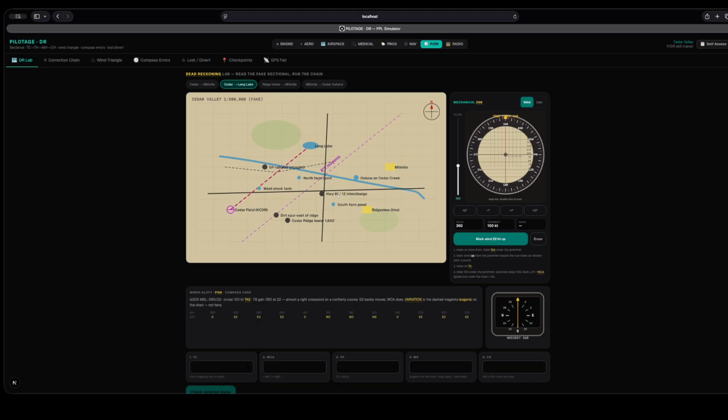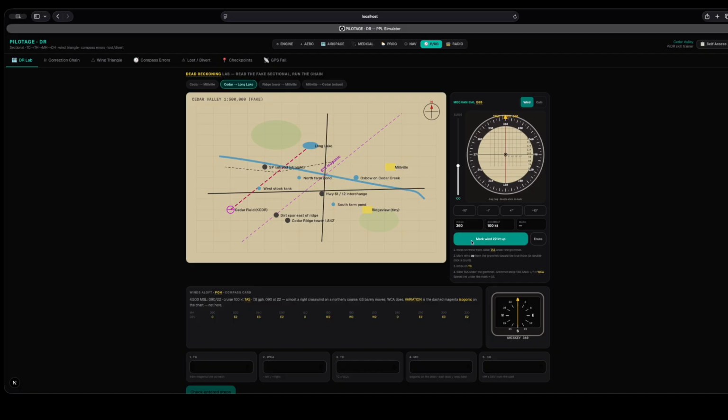Anyway, we've got our sectional, and then we've got a mechanical E6B on the wind side. I've got my physical one, it's cardboard and plastic from the Jeppesen course. I think it's super valuable to actually learn this stuff, how dead reckoning used to work and still to this day holds up when all the modern electronics fail.